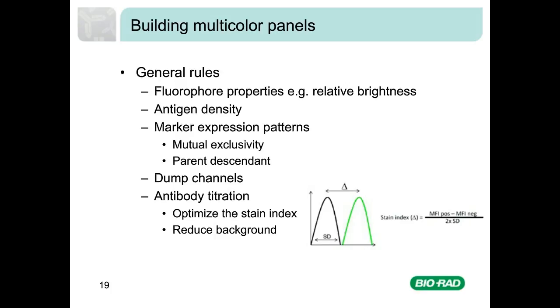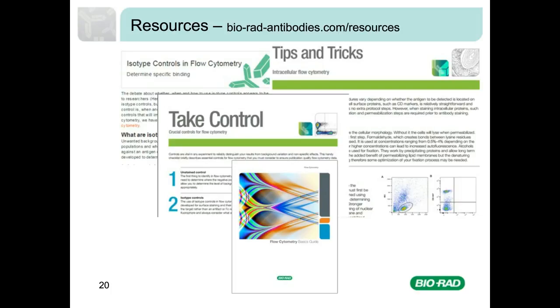For more information on flow cytometry, including building multicolor panels, controls, protocols, fluorophore charts, gating strategies, and an updated flow cytometry guide covering the basics of flow cytometry, go to www.bioradantibodies.com/resources. There you will also find resources for other antibody-based applications, such as Western blot, IHC, ELISA, and immunofluorescence.